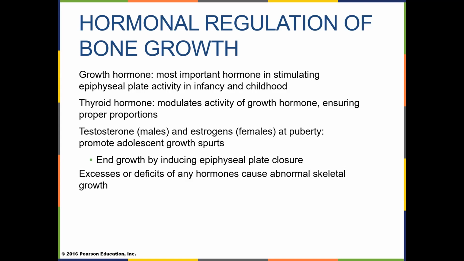Now, in addition to growth hormone, we have to have available energy. Our metabolic activity has to be adequate to support growth. And this is where thyroid hormone comes into play. Thyroid hormone regulates our metabolism. If we release lots of thyroid hormone, our metabolic rate goes up, and if we don't release a lot, our metabolic rate goes down.